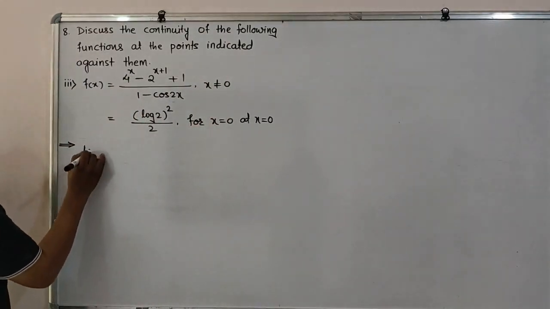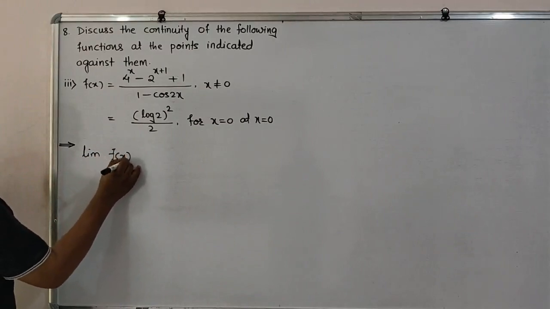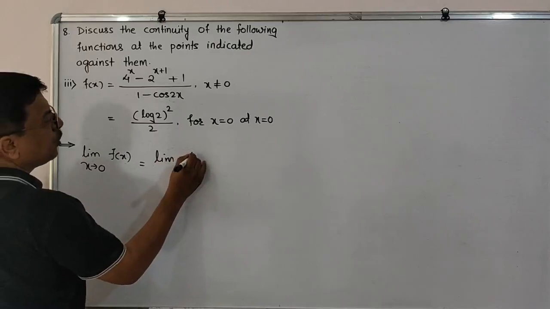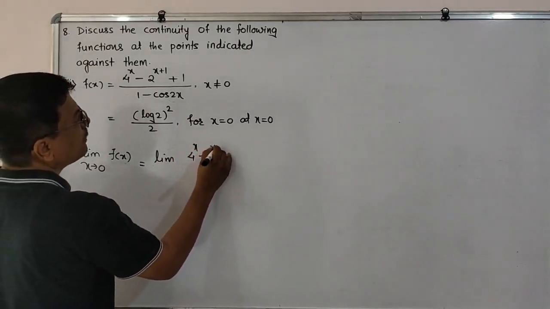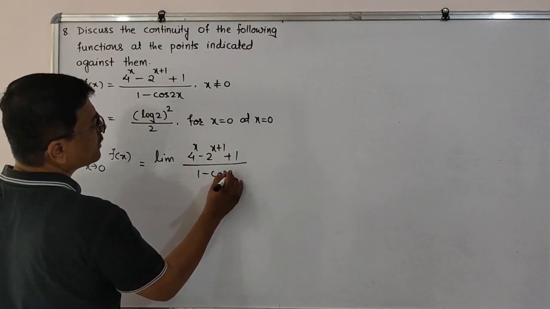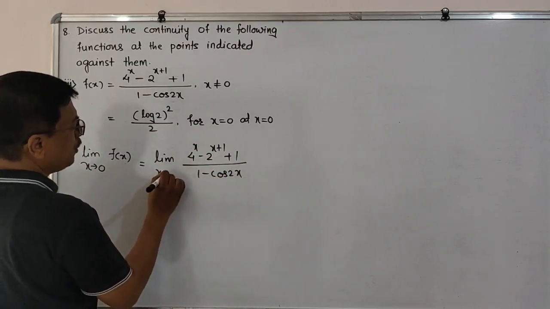That's why limit of f of x as x tends to 0 is equal to limit of 4 raised to x minus 2 raised to x plus 1 divided by 1 minus cos 2x as x tends to 0.